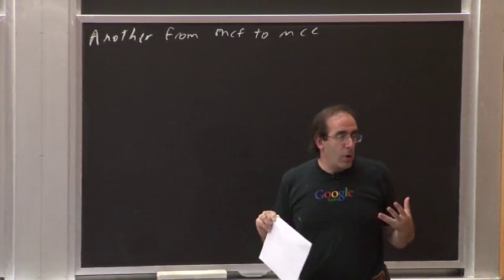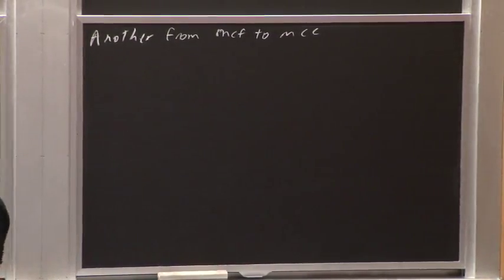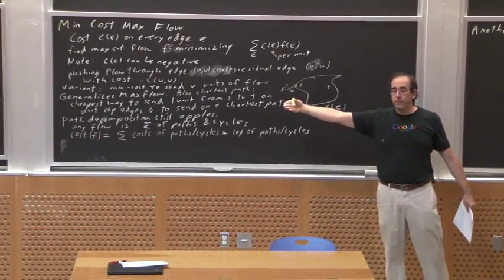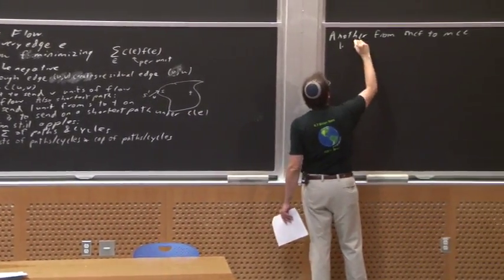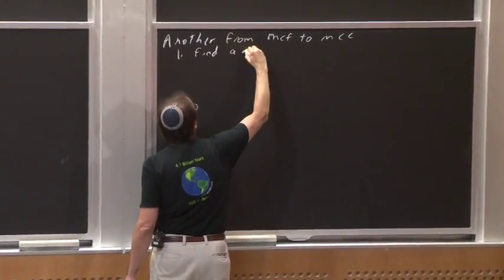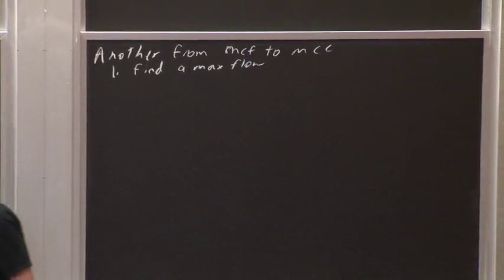So our goal is to find a min cost flow, but what we know how to do from previous lectures is find a max flow, right? So my step one for finding a min cost flow is going to be to find a max flow.